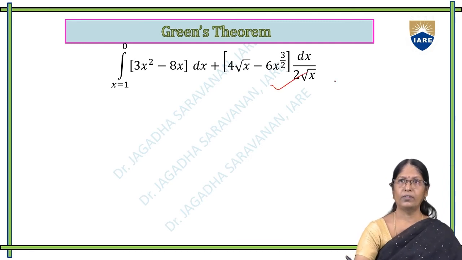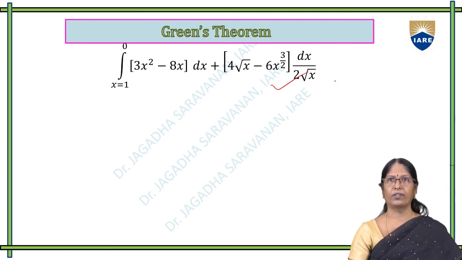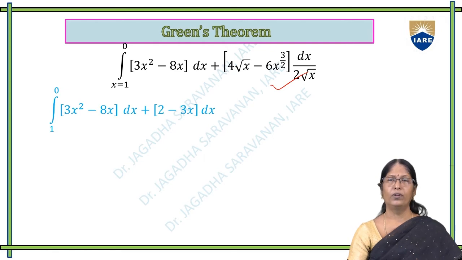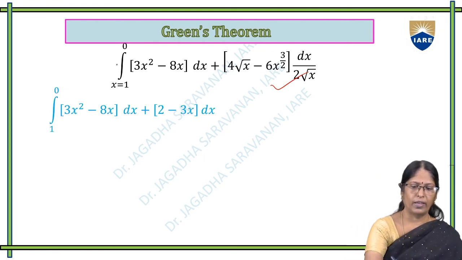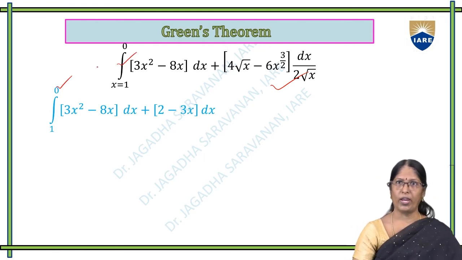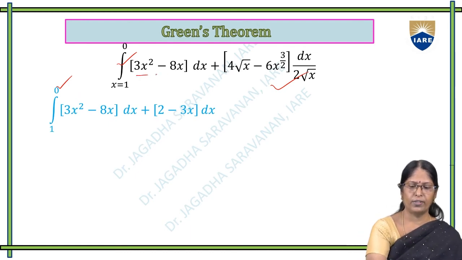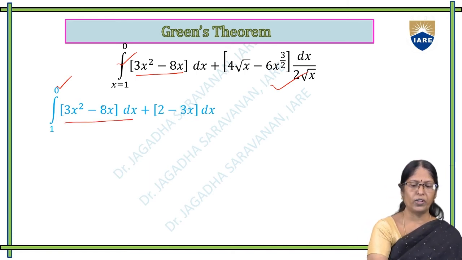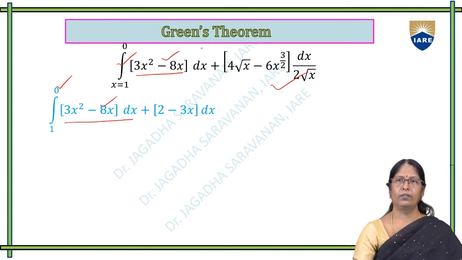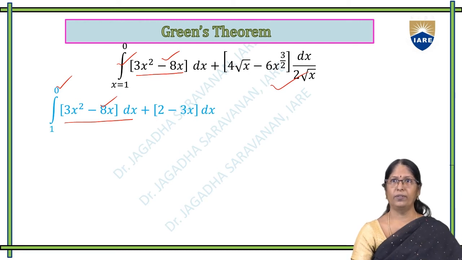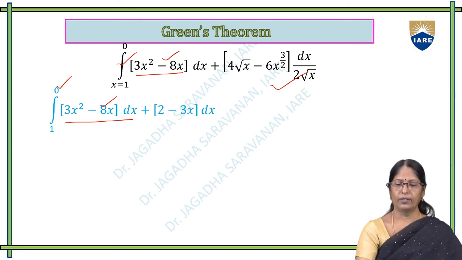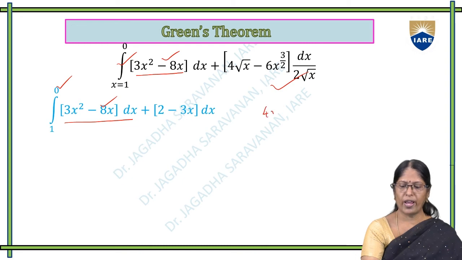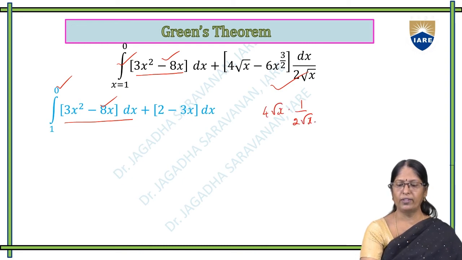So this is the last step of the previous slide. Now the integral, no change. The first part, 3x square minus 8x of dx, no change at all, as it is written. Whereas here, 4 root x, we are taking this 1 by 2 root x inside.